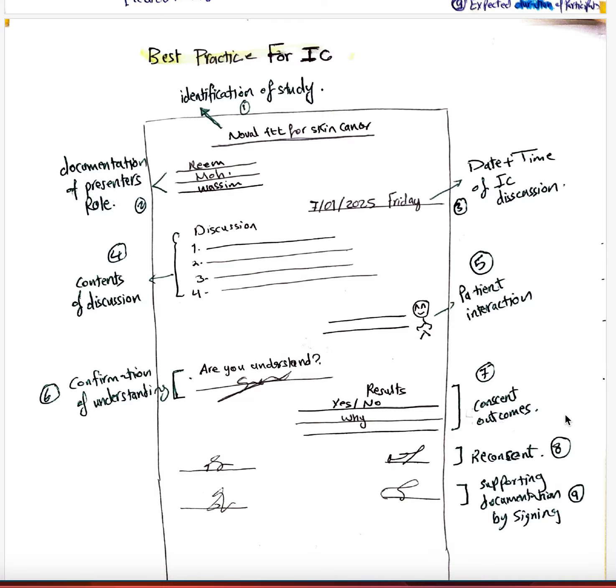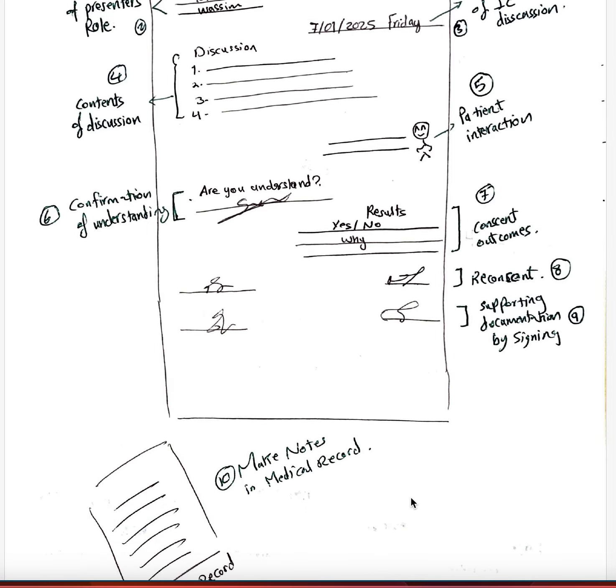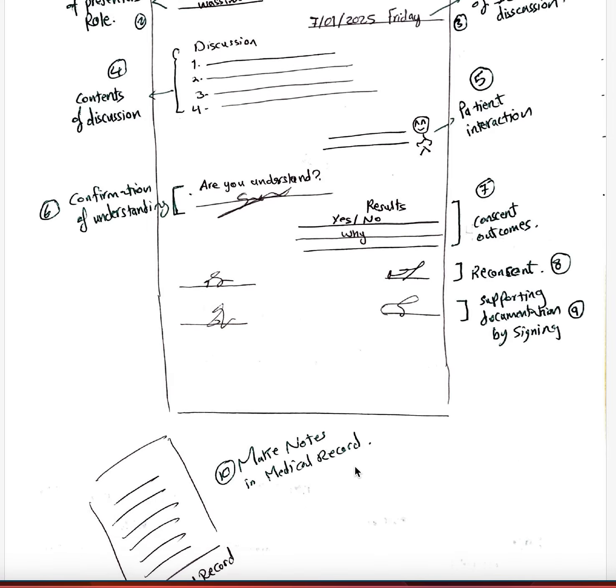And then we talk about the basic principles, or we can say best practice, for the informed consent. The first one is identification of the study, documentation of the presenters and their roles, the date and the time of the informed consent discussion, the discussion itself, that means the contents of the discussion, the participant interaction, confirmation of understanding, the consent outcome, the reconsents, the supporting documentation by signing, and finally making notes in the medical record.